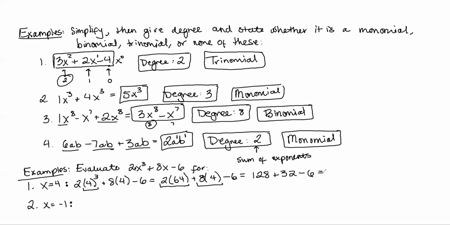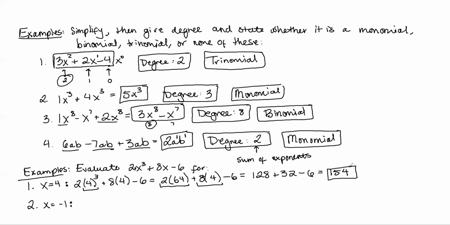And then if we go from left to right, 128 plus 32 is 160, minus 6 is 154. And that's all you're doing, just plugging it in, simplifying down until you get a single number.